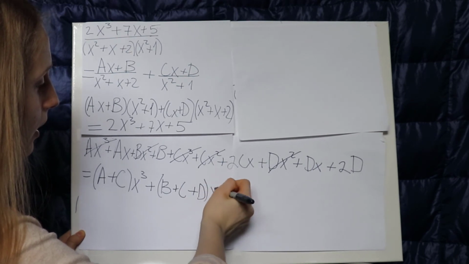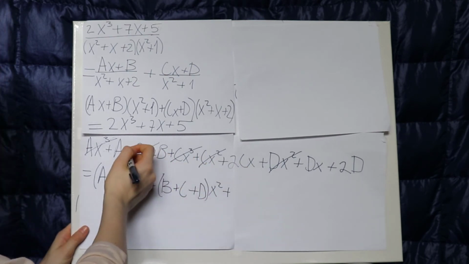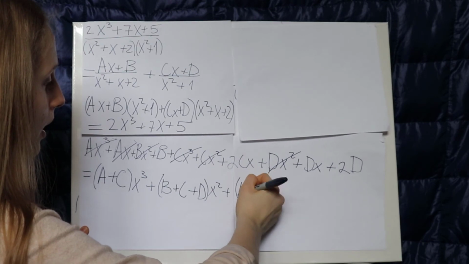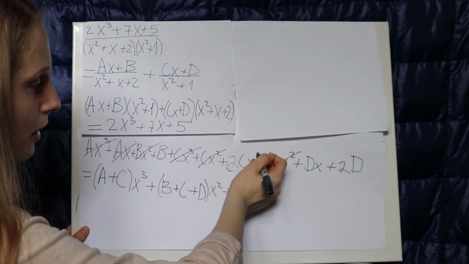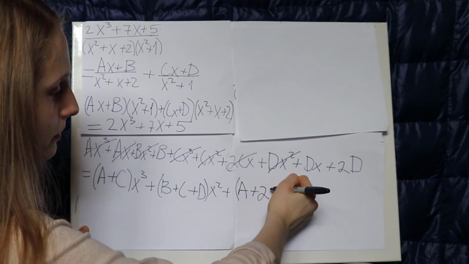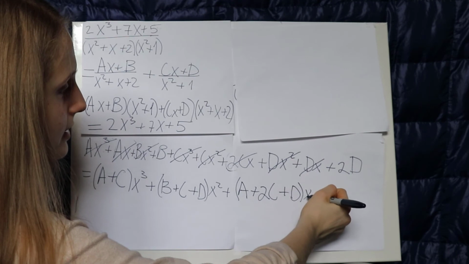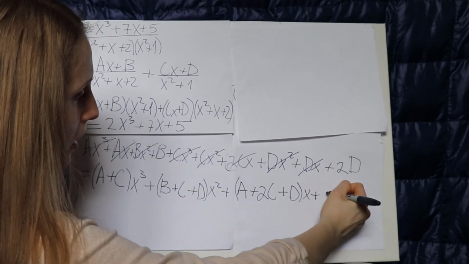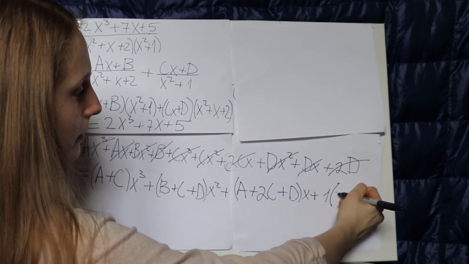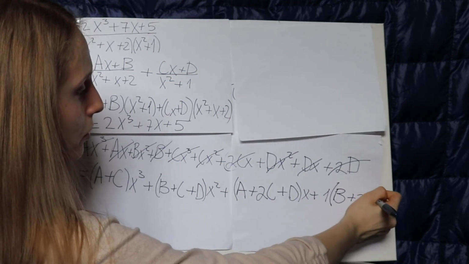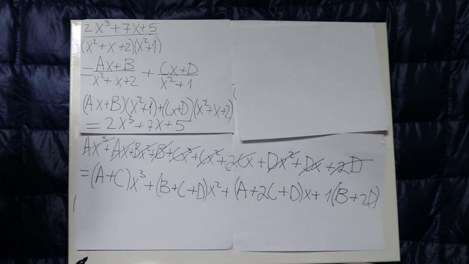Plus D x squared plus, just x's now. So A plus, not B, 2C, don't forget the 2 here, oops, 2C plus D, all times x, and now we can just have a 1 here, 1 times B and 2D, B plus 2D.